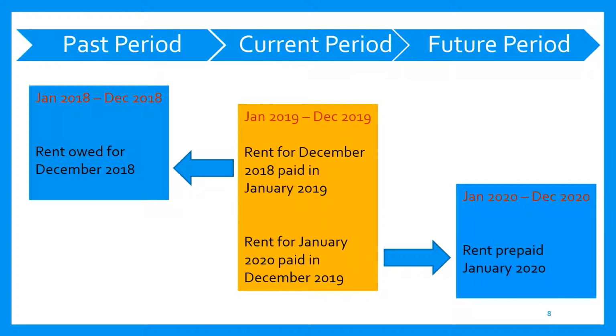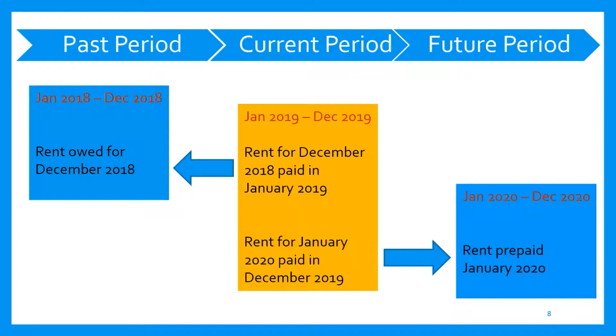For example, if the accounting year started in January 2019 and the tenant owed rent for December 2018, which he paid in January 2019, that rent for December 2018 cannot be included in the profit and loss account for the year ended December 2019.